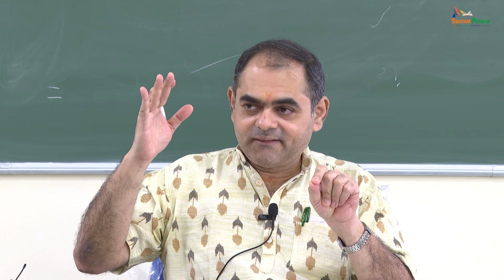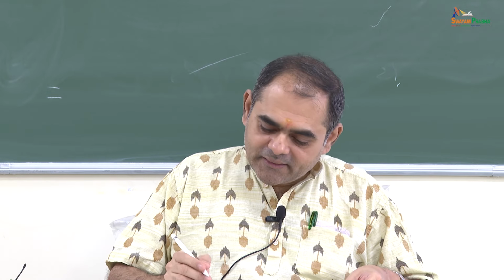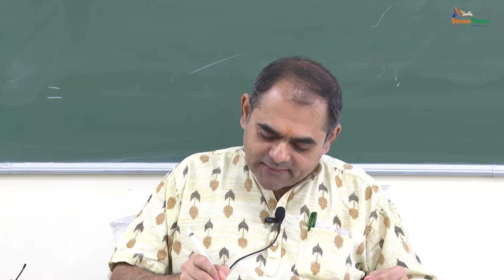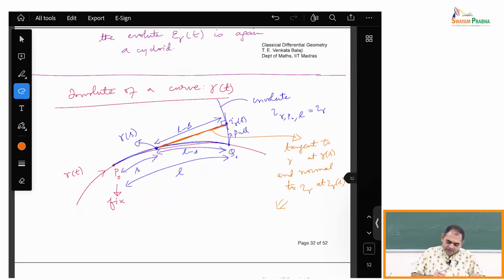So what we have done is, we have started with the curve, we have taken an involute. I am saying an involute because the involute depends on some choices. And you take the involute and then you again take the evolute, you get back the original curve. So let me write that.